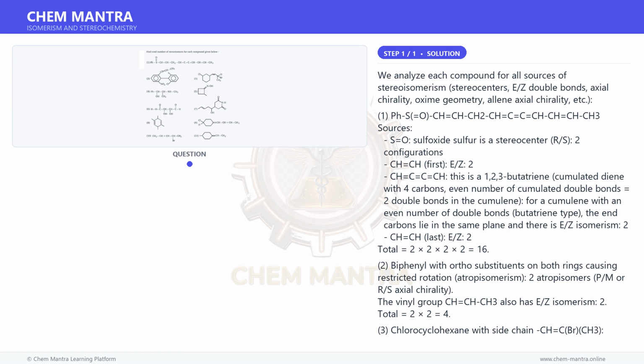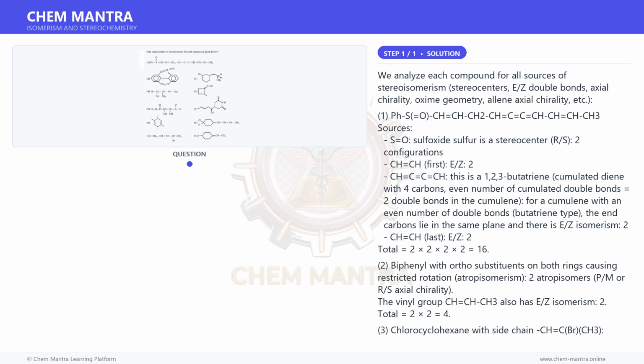6. HOC=O-CH(OH)-CH(OH)-CHO, a 2,3-dihydroxysuccinic aldehyde acid or similar. 2 stereocenters. One combination is meso, so normally 2 squared is 4, but meso reduces it to 3.